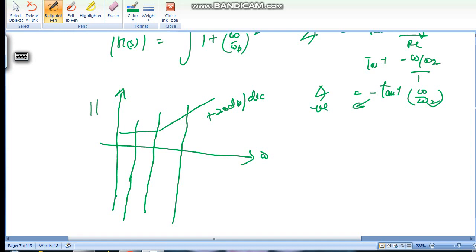This is magnitude, this is phase, and these are 0.1 omega z, omega z, 10 omega z. So 0, this is 90 degrees, and this is 45 degrees.